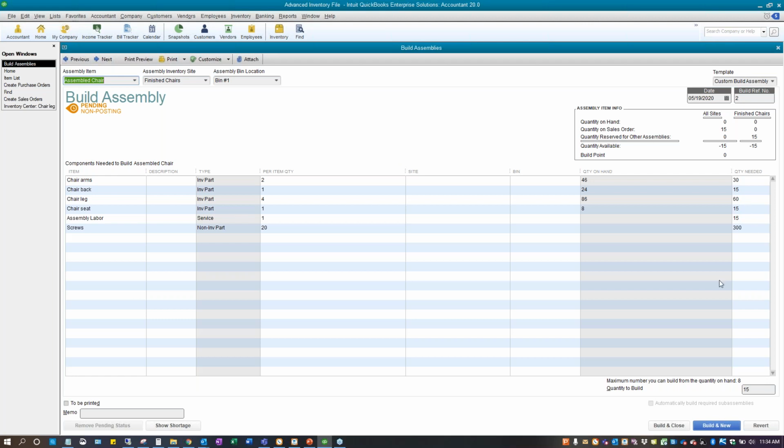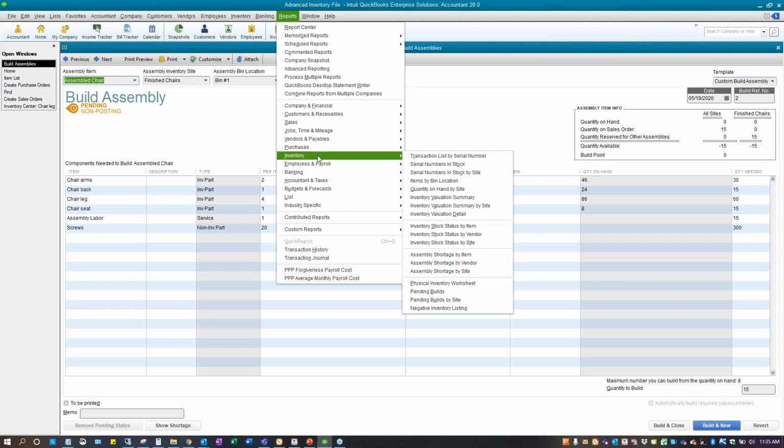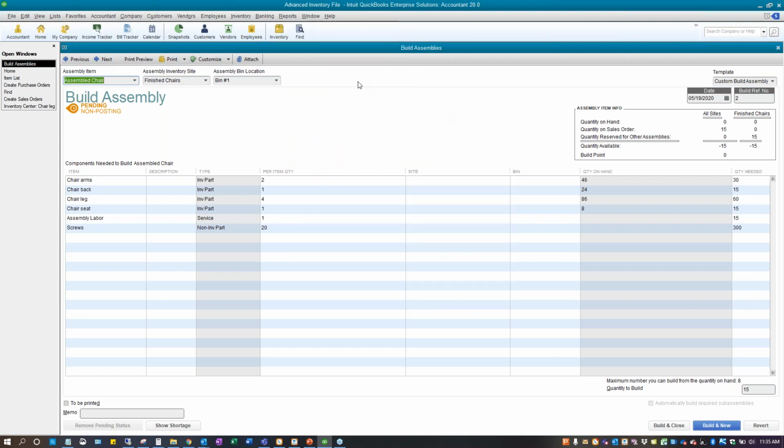So you have to be very, very careful on this and make sure that as you see these happening and you finally do get in those chair seats to finish off this build, that you come back and finish that build, because you have got to pay attention to this pending builds report. It is very, very important. So I want to make sure that you do that.